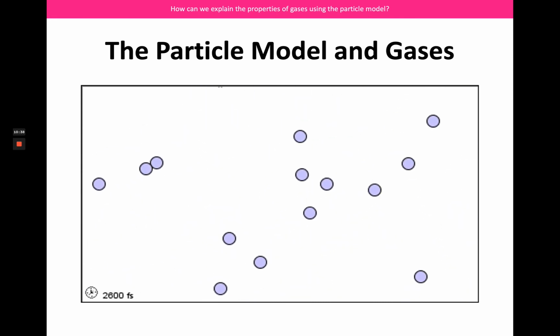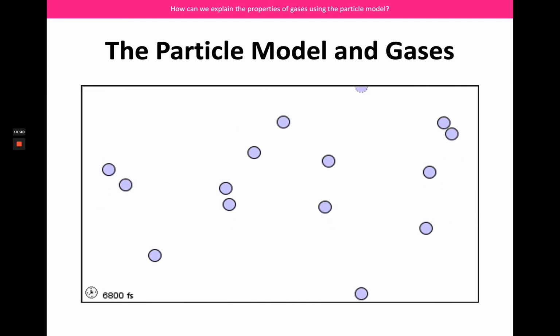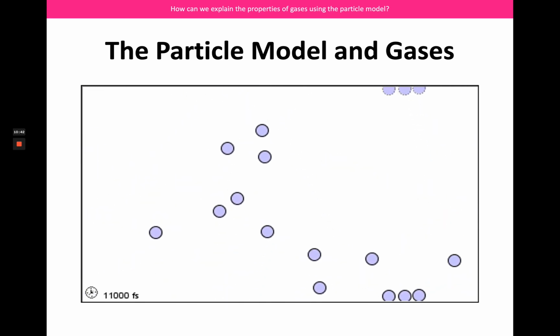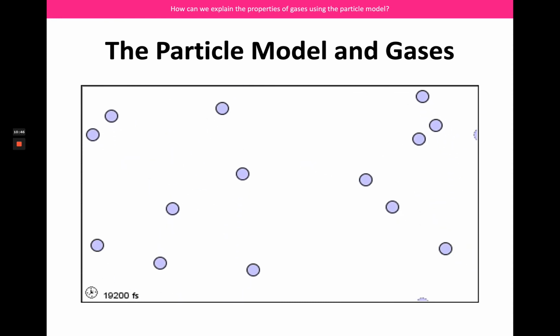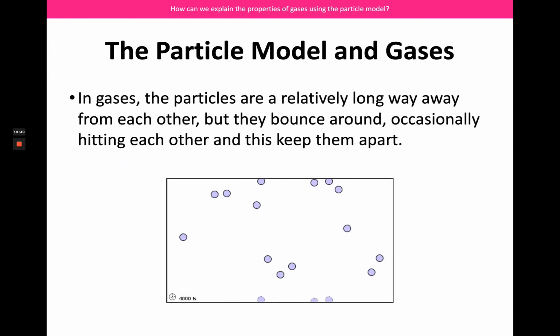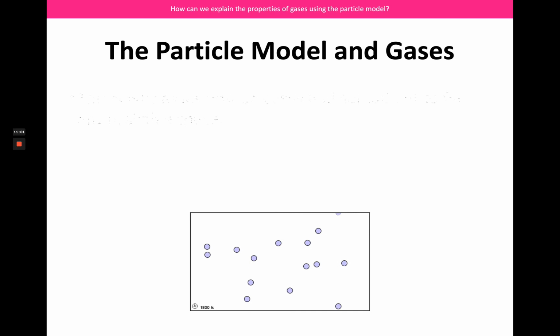So you can now get an idea from the particles here, how they're arranged, their movement, etc., how we can explain some of the properties of gases. So yeah, there's that space. This is just a description of what I've just said. They bounce around, sometimes they hit each other, but generally speaking they're far apart.